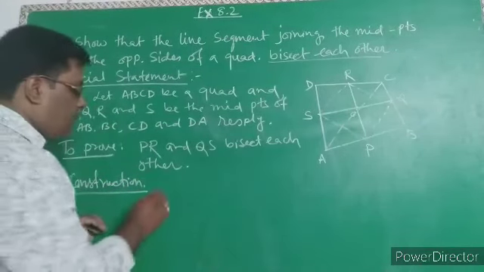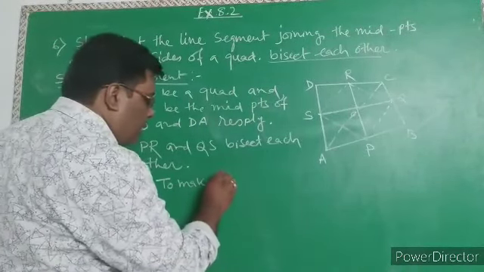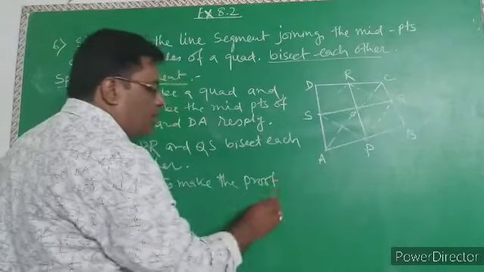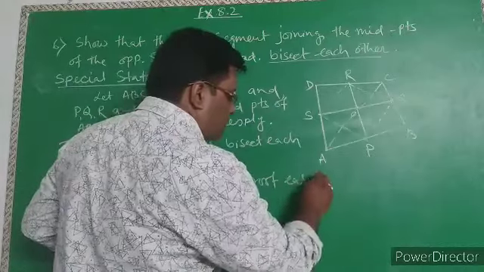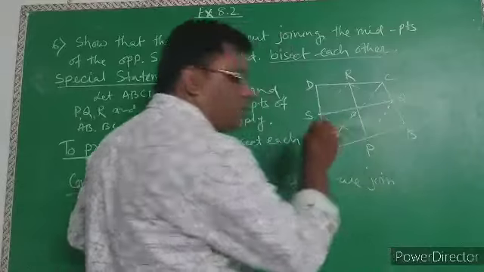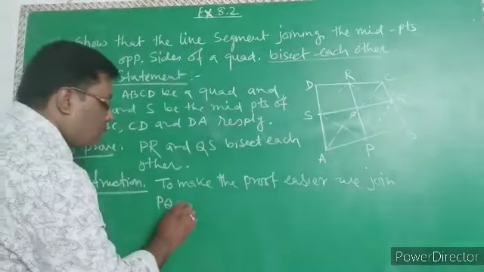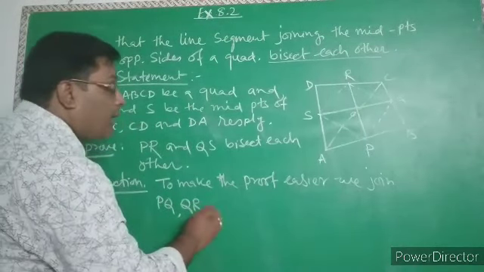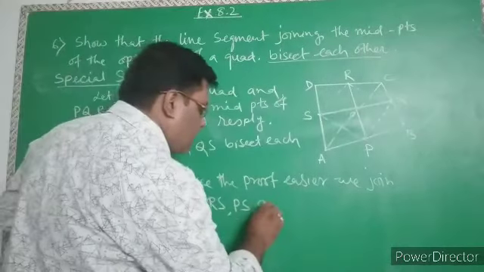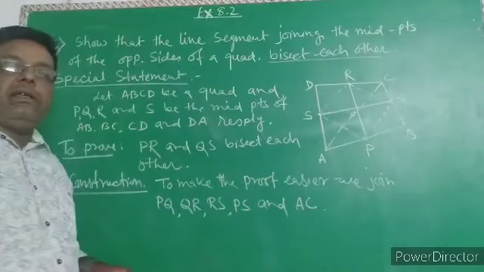To make the proof easier, we join PQ, QR, RS, PS and the diagonal AC.